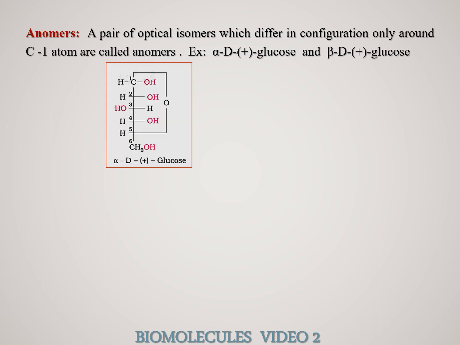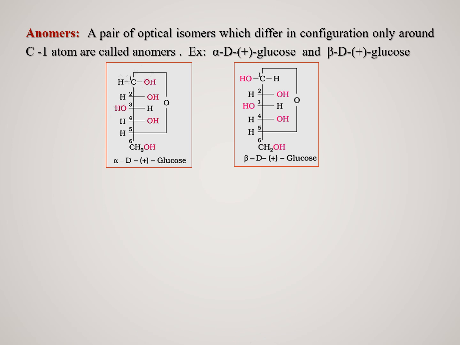Now, what is this term anomers? Anomers are a pair of optically active isomers which differ only in the arrangement of the groups, that is called configuration, around carbon number 1. Look at the example alpha D plus glucose and the other one, beta D plus glucose.